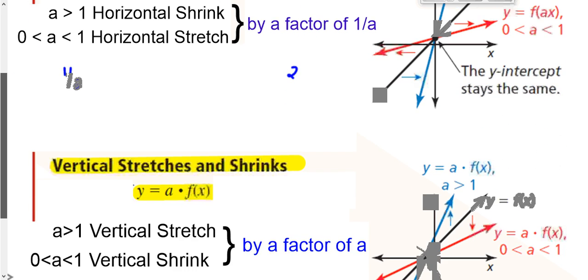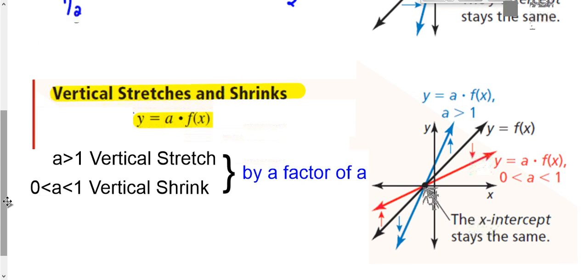Our vertical stretch and shrink is going to be on the outside because any vertical movement is on the outside of my function. Just like with a building, if you're going to climb the side of a building, you're going to go vertically up the wall, it's going to be easier to do that on the outside because on the inside of the wall, there's the floors, there's everything happening, and you're not going to go exactly vertical.